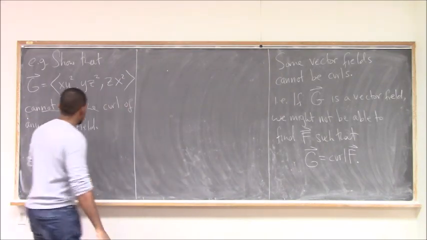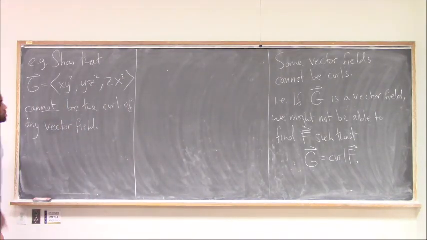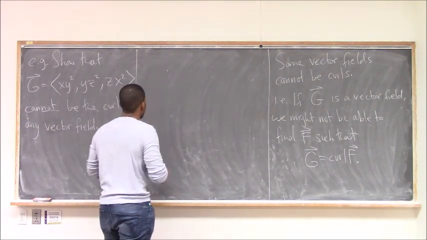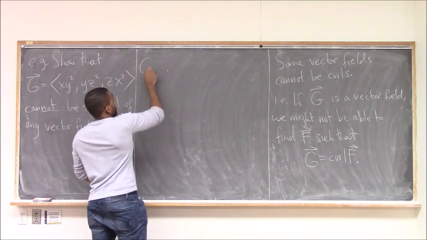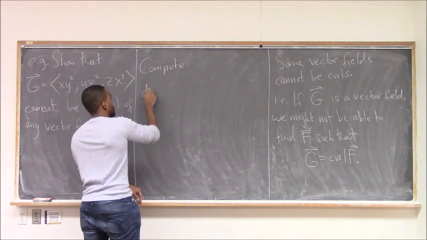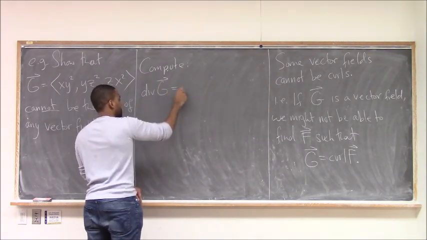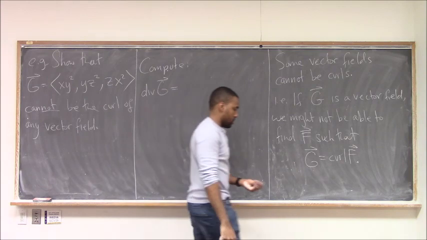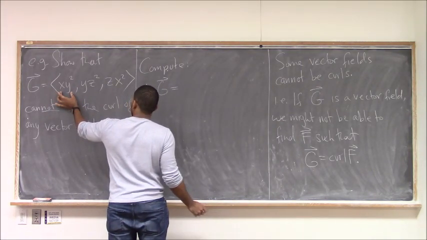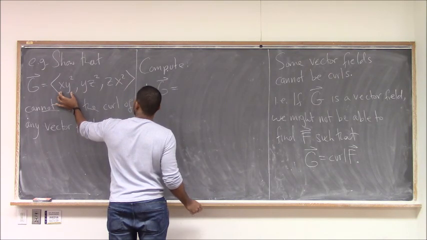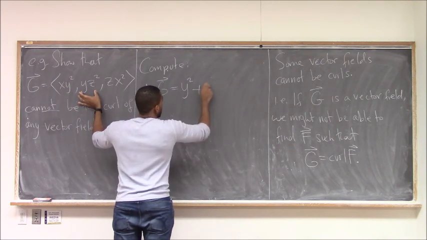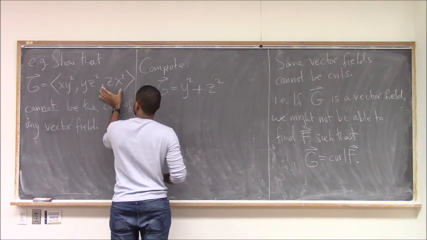But let's prove that this is not the curl of some other vector field. It might sound like a complicated thing to prove, but it's actually not. All we have to do is compute its divergence. What would the divergence of this guy be? y squared, 0, no z squared, and then x squared.